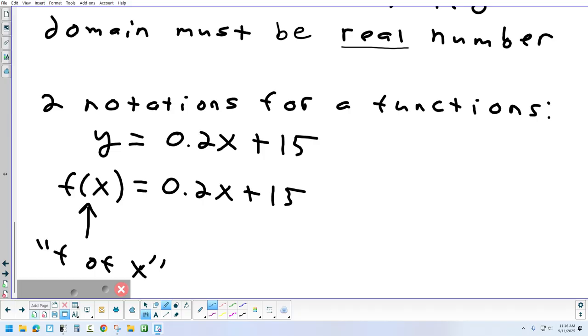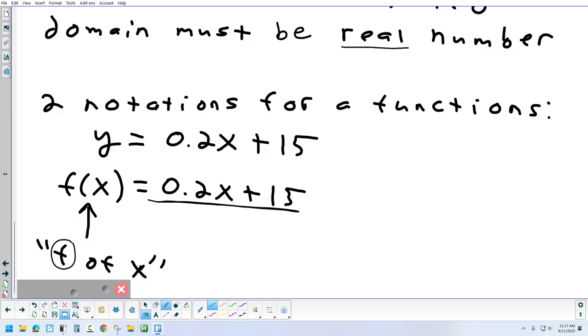So what this technically means is f is the name I've given to the formula. This is formula f. Of x means the formula uses the letter x.